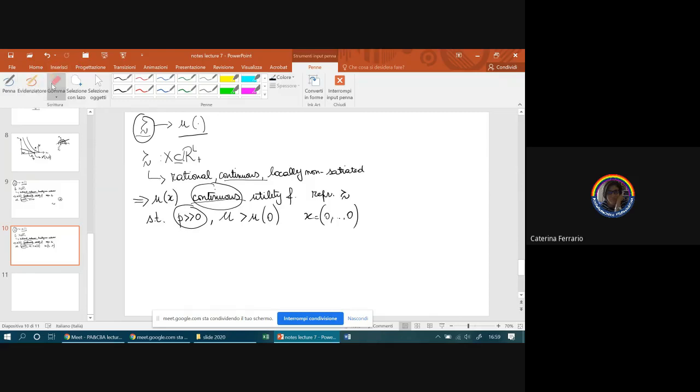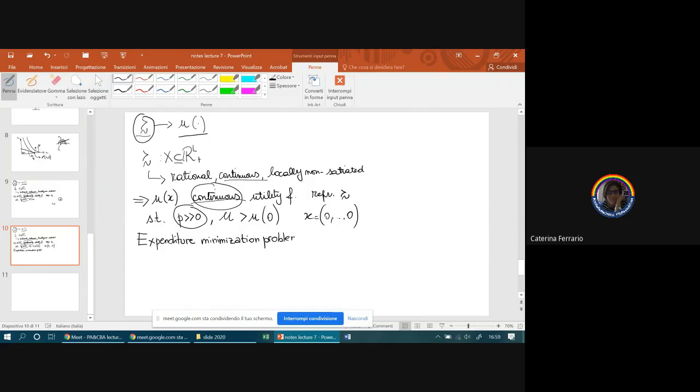So given these conditions, we can now define an expenditure minimization problem.